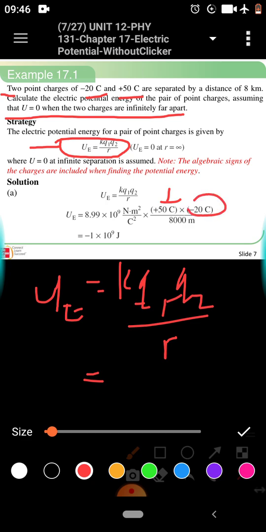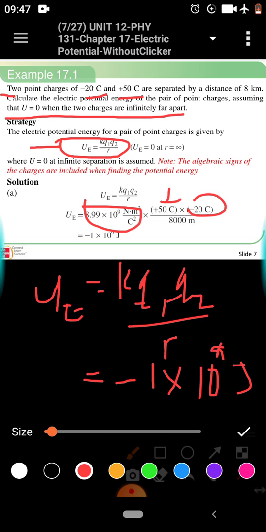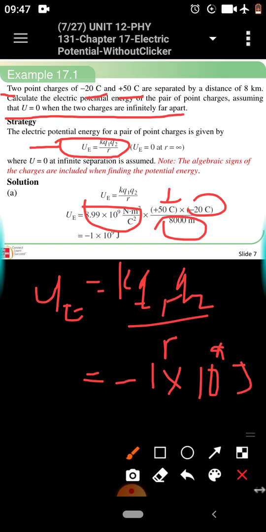Here k is the Coulomb constant. When you do the substitution, you'll find it's negative 1 times 10 to the power 9 joules. This would be the potential energy. Here they changed the kilometers into meters, because these are the SI units.